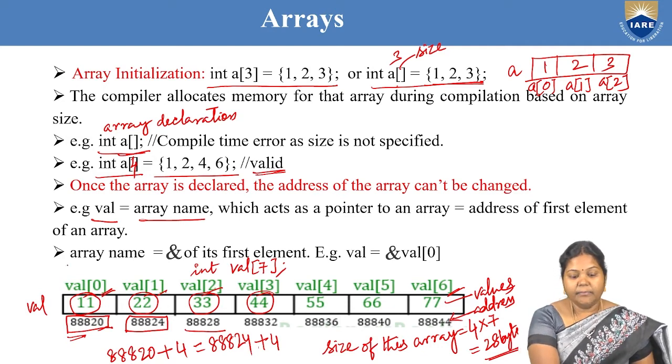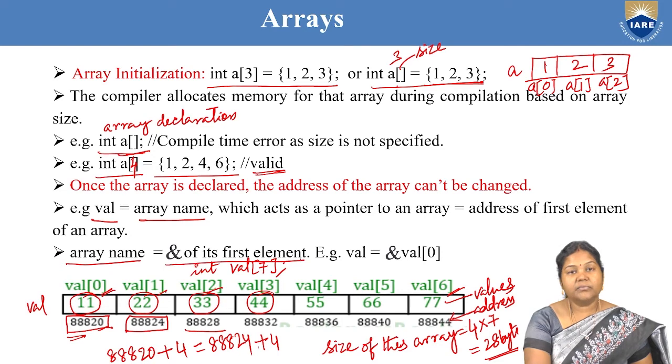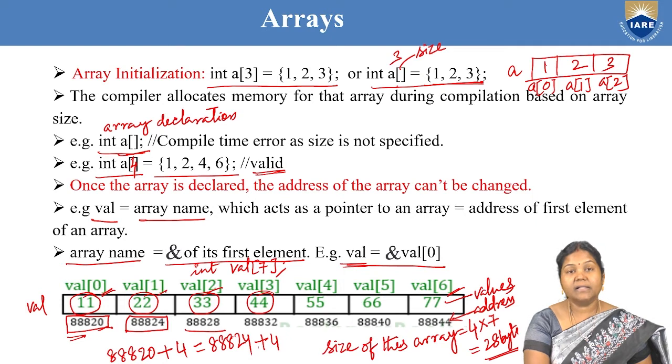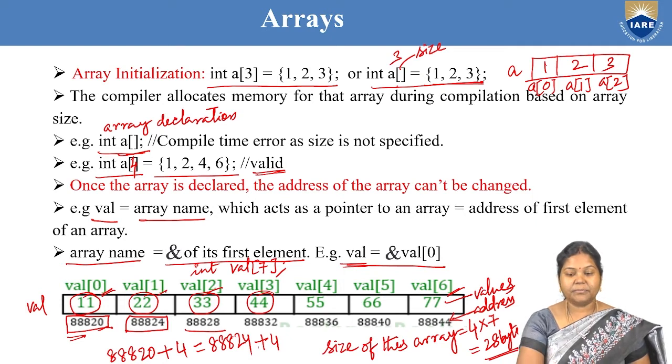The array name always contains the address of its first element, or you can say the address of the 0th element. So the array by default acts as a pointer.